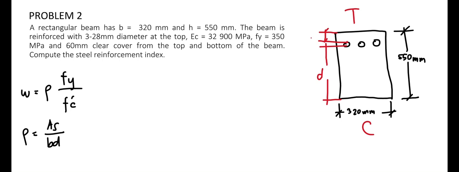This is a distance of 60 millimeters. And this distance here is basically the radius of the circle. This is half of 28 millimeters, which is equal to 14 millimeters.